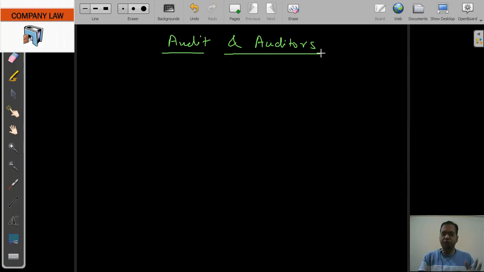In this chapter we'll try to understand the appointment of the auditor, then the requirements, qualifications and disqualifications for becoming the auditor. We will also talk about the removal process of the auditors, the duties of the auditors, and how the audit report should be submitted, all those provisions. Okay, so let's begin with the topic.